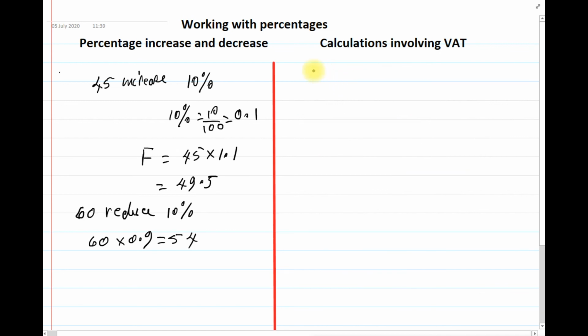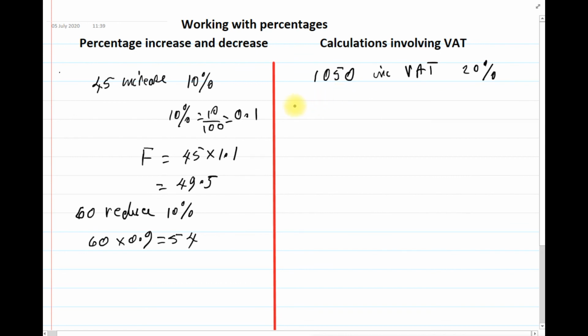Let's do another quick example. Say the price of a television is £1,050, including VAT at 20%. What is the VAT on this item?